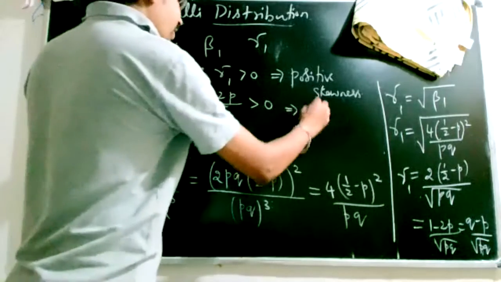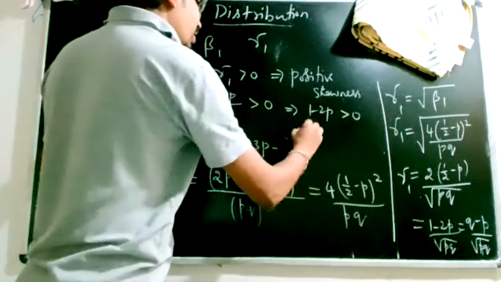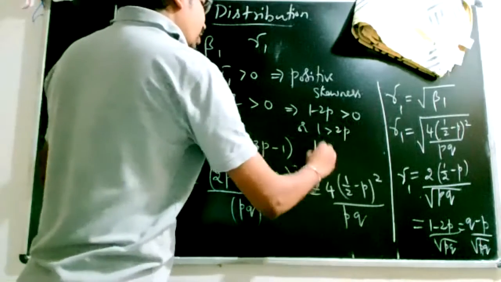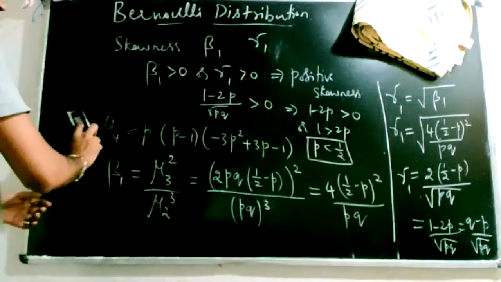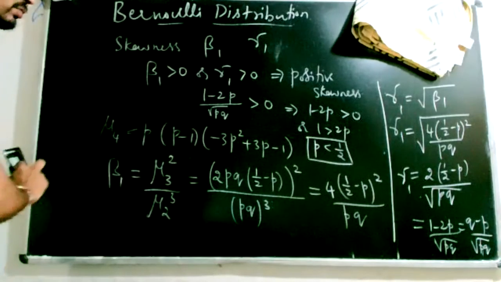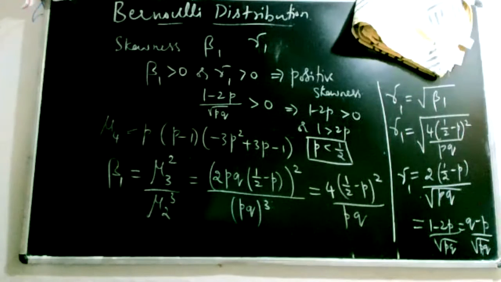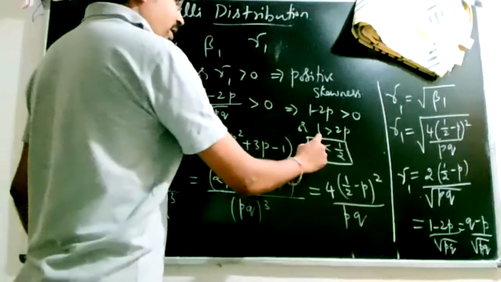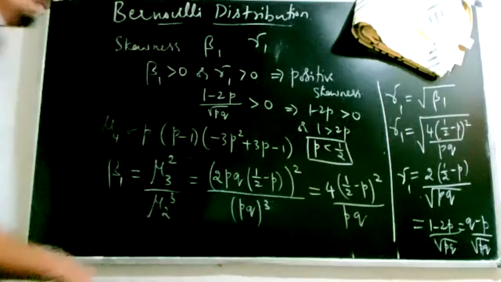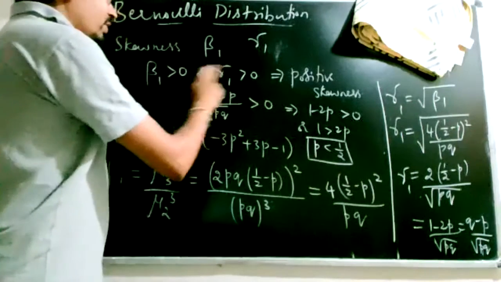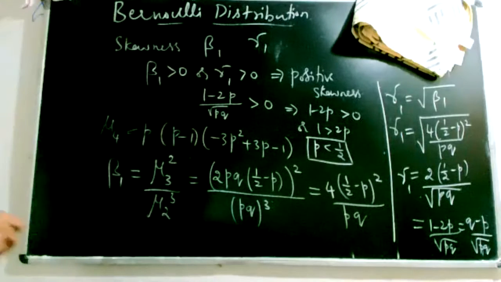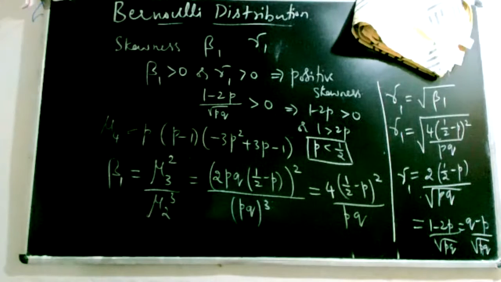This implies 1 minus 2p is greater than 0, or 1 greater than 2p, or p less than half. So if you just observe the value of p, without even looking into the values of beta 1 and gamma 1, you could say what type of skewness it is.